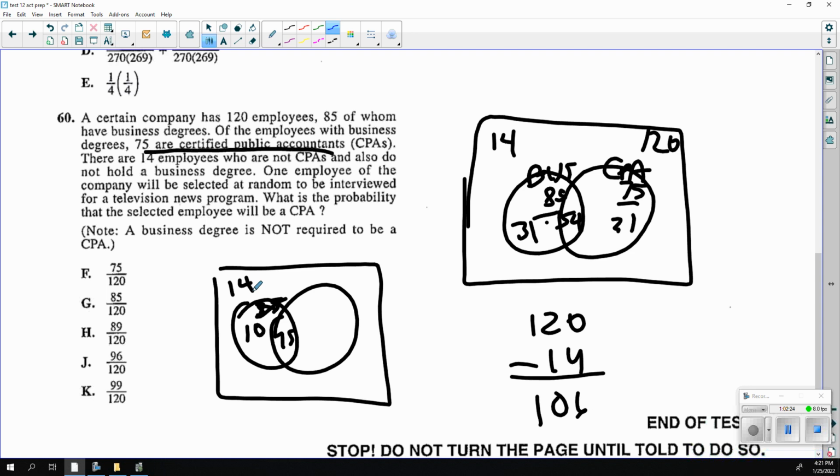So how many are over here would be 14 and 10, 24, plus 75 is 99. So that would leave 21 over here. So the chance that you would be a CPA is these two, 96. That's all, folks.